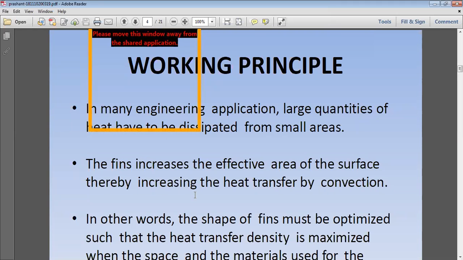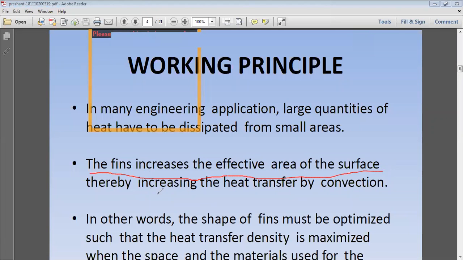The fins increase the effective area of the surface, thereby increasing the heat transfer by convection. We know that Q is equal to, in case of convective heat transfer, h into area into delta T. This formula indicates that whenever we increase the surface area or effective area, we increase the heat transfer by convection.